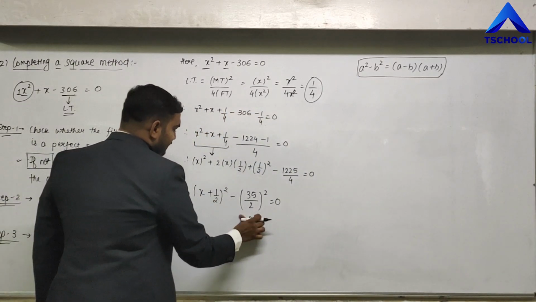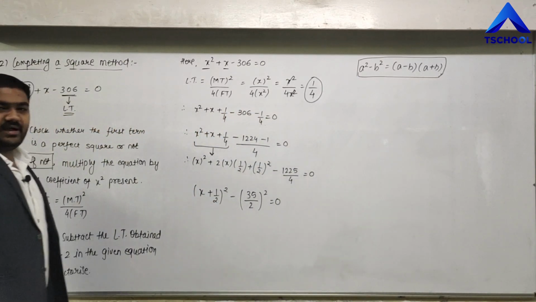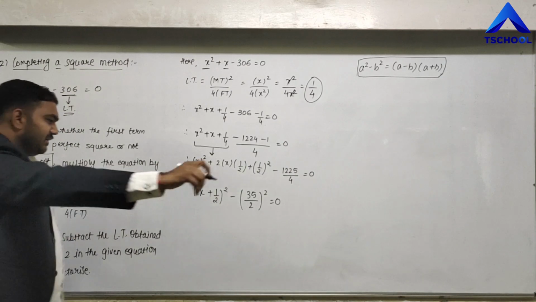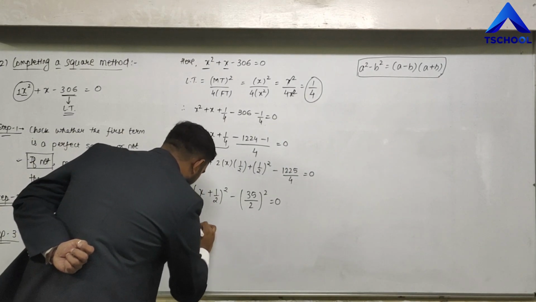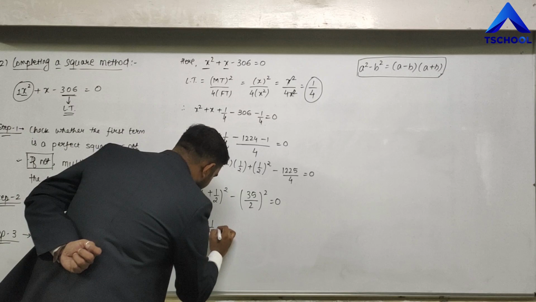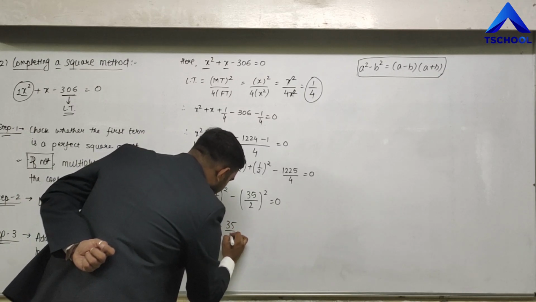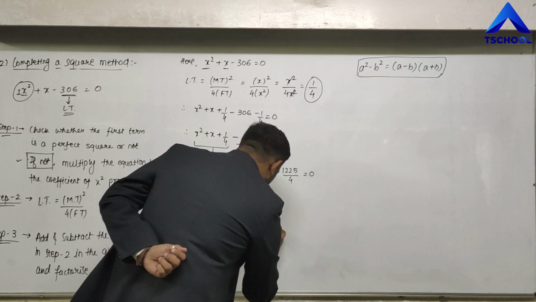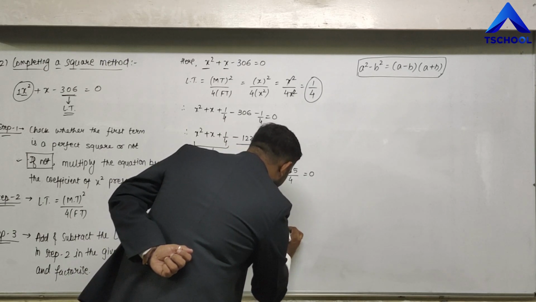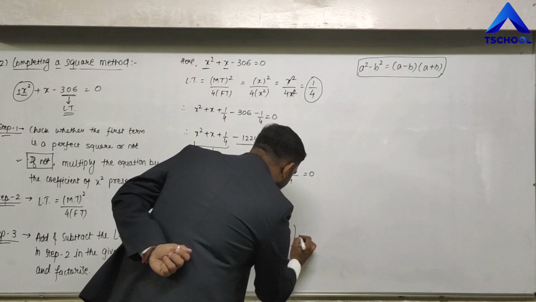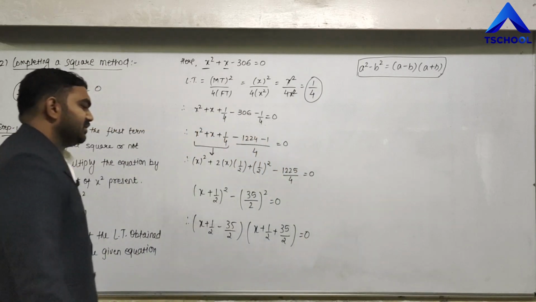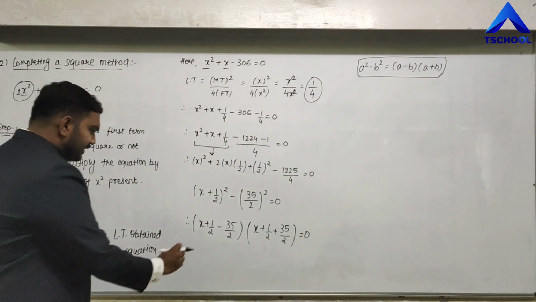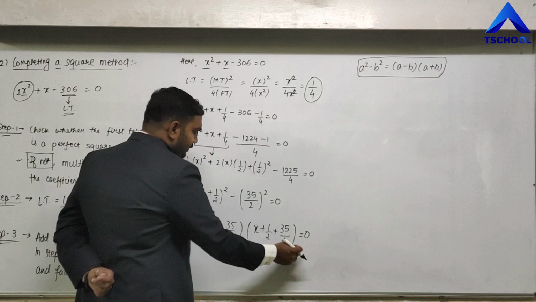So you will take x plus 1 by 2 as a and 35 by 2 as b. Therefore x plus 1 by 2 minus 35 by 2 into x plus 1 by 2 plus 35 by 2 is equal to 0, right? That is a minus b, a plus b.